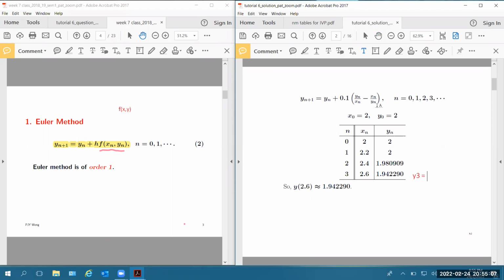So your y3 is actually from y2. I mean, if you are looking at your formula, y2 plus 0.1, and then in the bracket will be x2 over y2, right? Yes. Your y2 is above. Your x2 is your 2.4. Okay? That's how we do it.